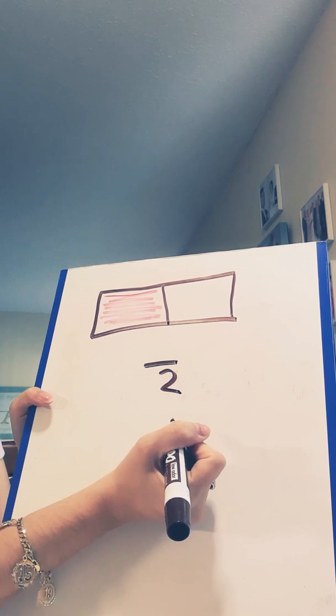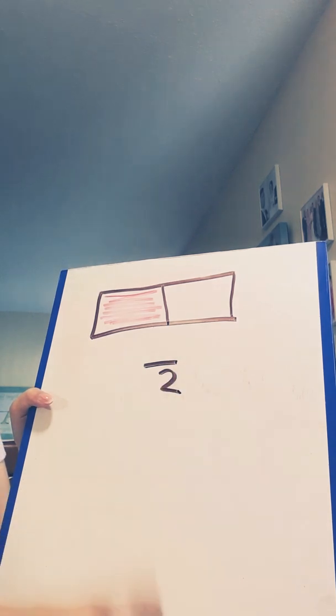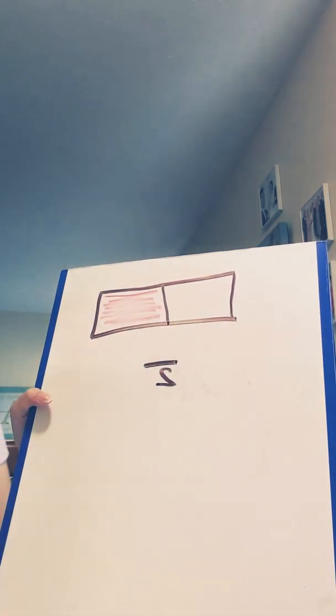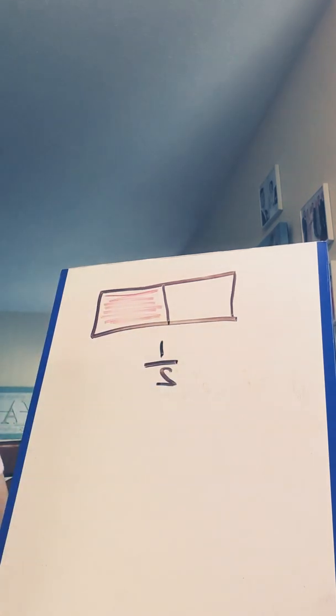Okay, and I know that for you guys it's backwards. So let's see. I'm gonna try my best to write backwards. Okay, 2, and then how many parts? The top number is how many parts are shaded in. That's 1. So this is 1 over 2.